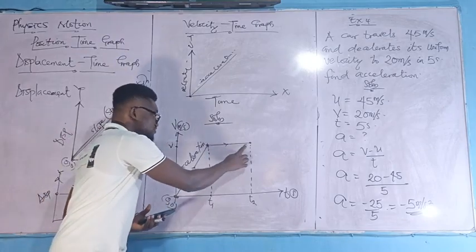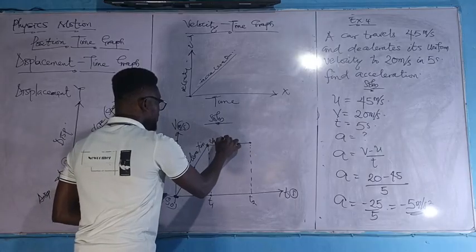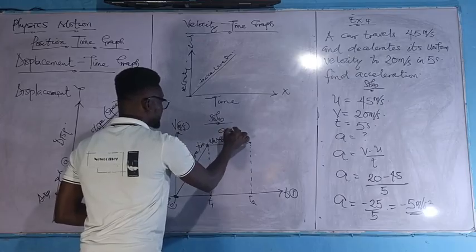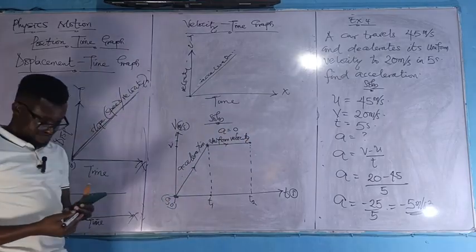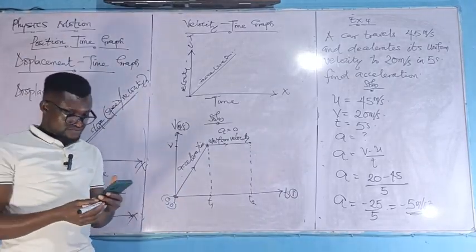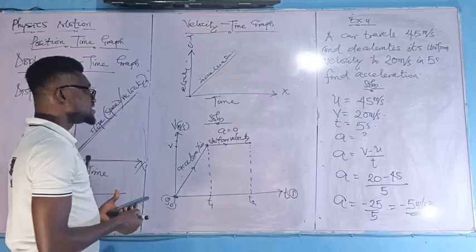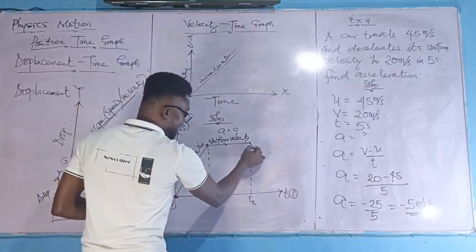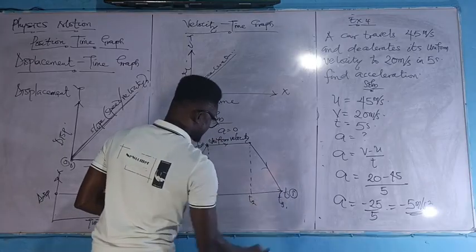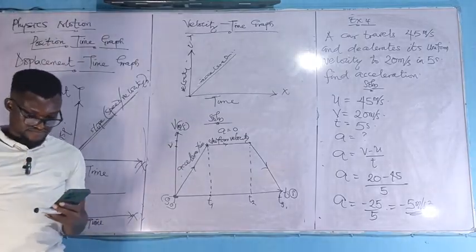So here is uniform velocity, and for uniform velocity, acceleration is equal to 0. Then it uniformly retards to a stop at time t3. This is a graph representing the information.